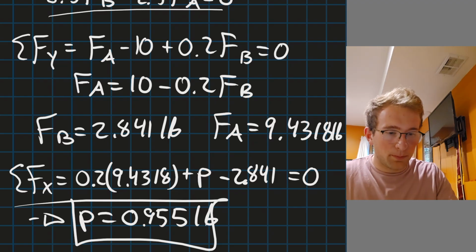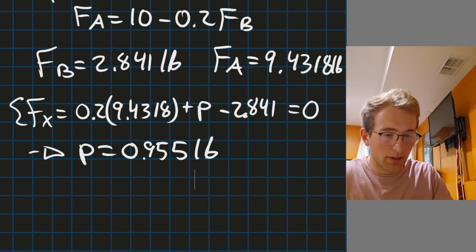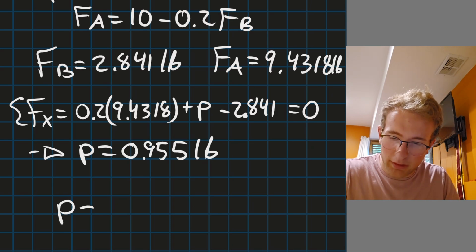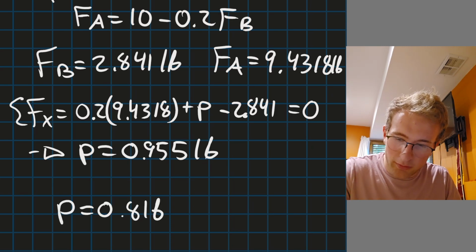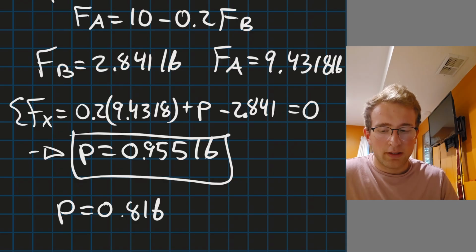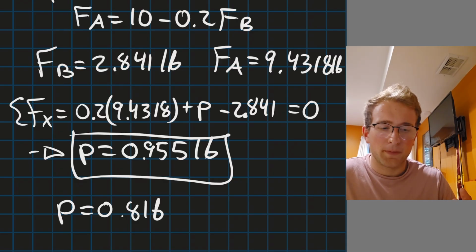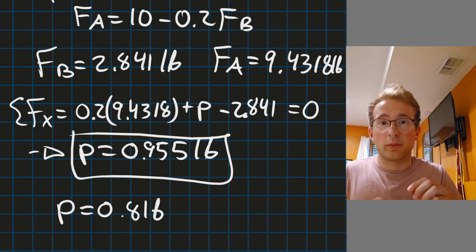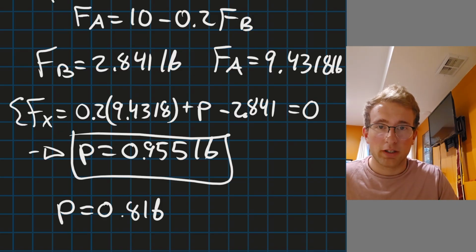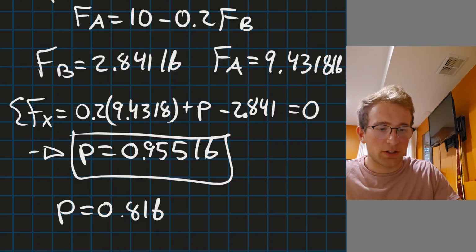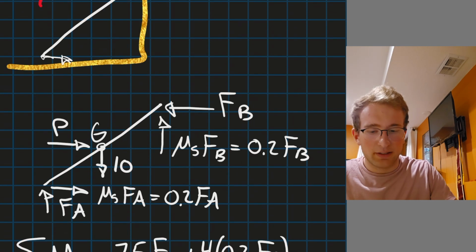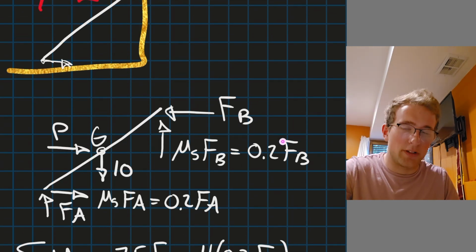If P was any lower than that, like if P was 0.8 pounds, then in order for it to be static or in equilibrium, the frictional forces would have to be even larger, right? But the frictional forces can't get larger than this.